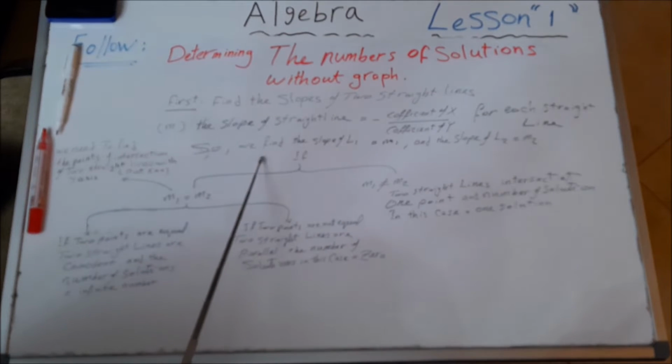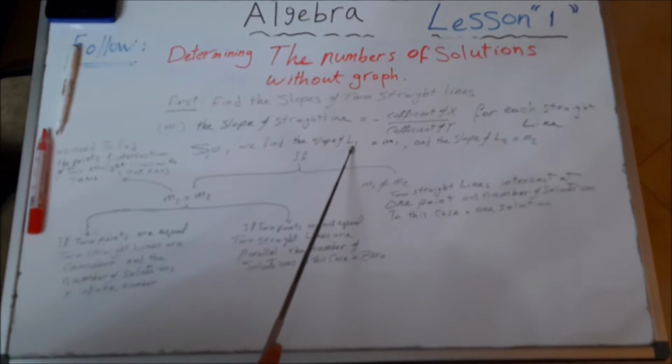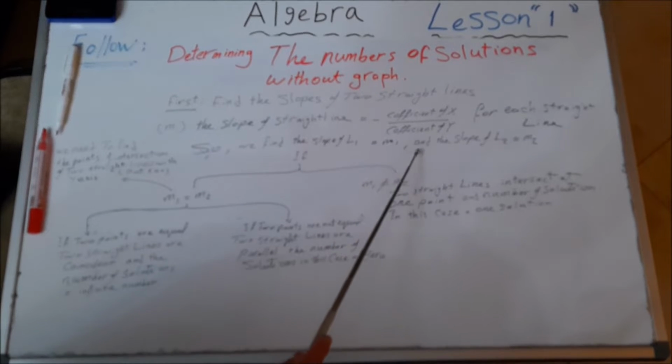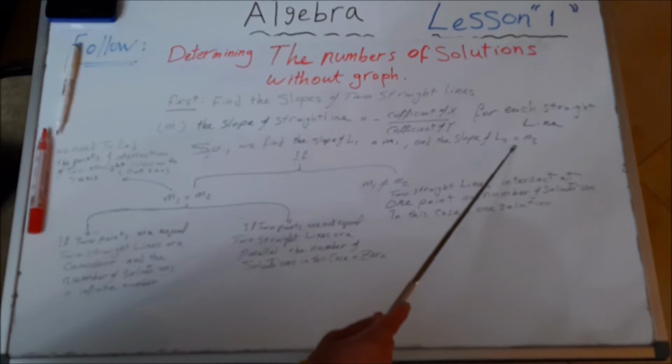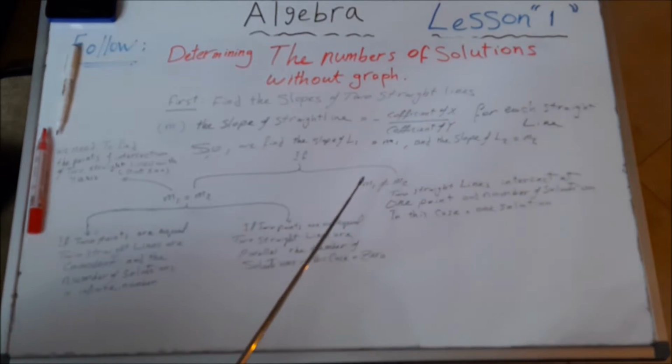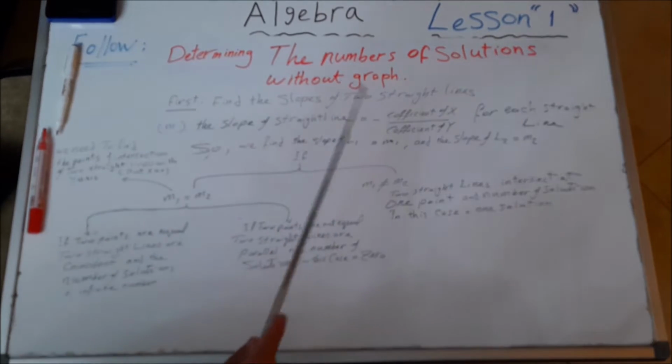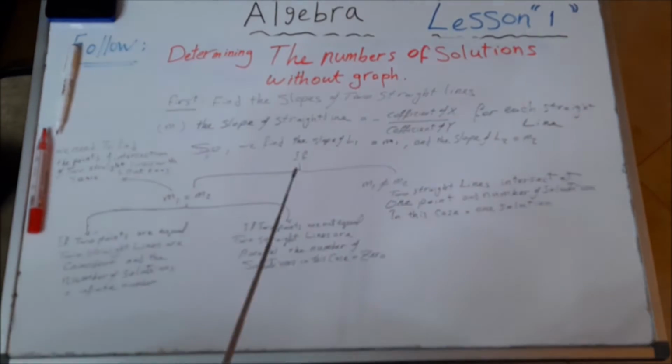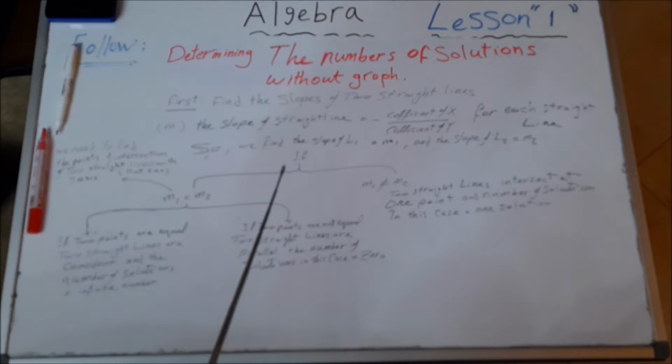So we find the slope of L1 which is m1 and the slope of L2 which equal m2 تمام by this equation.